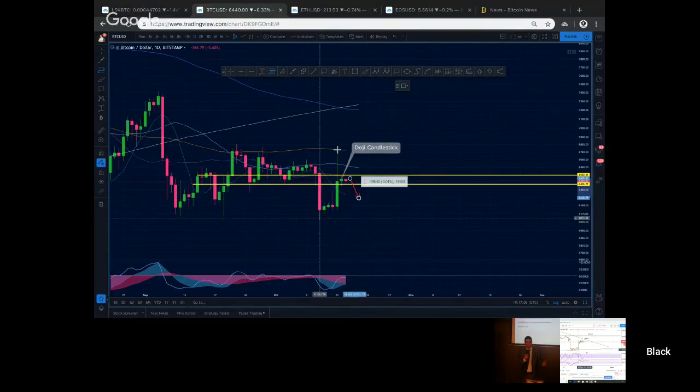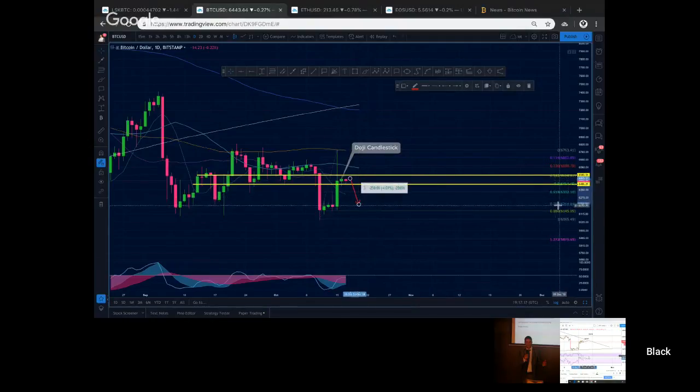About the Fibonacci, we can see that at the 6,200 level is located the 0.786 Fibonacci level. So this is a very important retracement zone for Bitcoin. Of course, we also see that we have the 0.618 support retracement level, so this could lead us to a reversal as well.